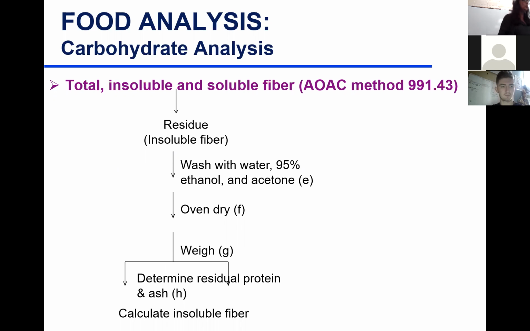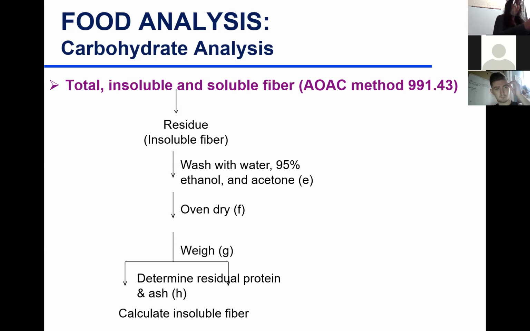What we usually do when we actually run the sample is run it in duplicate, at least in duplicate. Rachel, correct me. One of the duplicate samples we do protein on and the other one we do ash on. Is that correct? Yeah. And we have the weights of the sample, because determining ash is a destructive method.